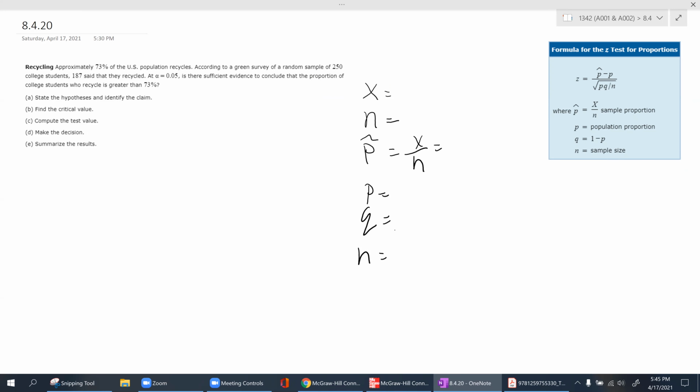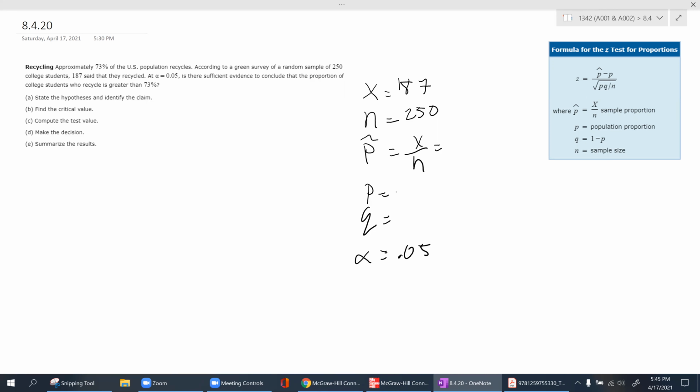According to a random survey of a random sample of 250 college students, 187 said they recycle. So that X is going to be my focus. At alpha equals 0.05, is there sufficient evidence to conclude that the proportion of college students who recycle is greater than 73%?